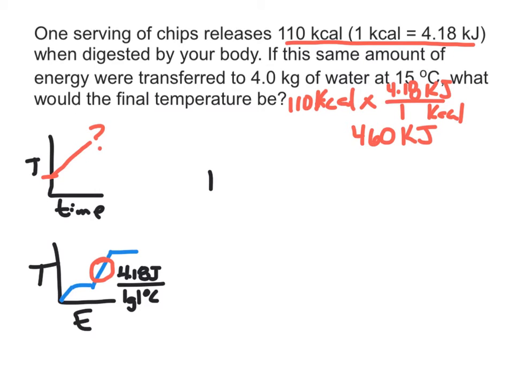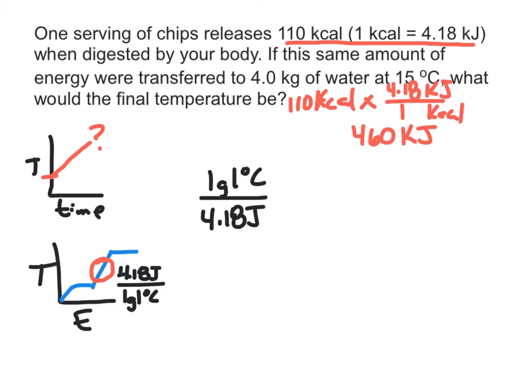Whatever I want to find, I want it to start out on top. 1 gram, 1 degree Celsius, and then over 4.18 joules. Now, in order to do this, if we have to get Celsius all by itself on the top, then we need to get rid of this joules that's on the bottom.